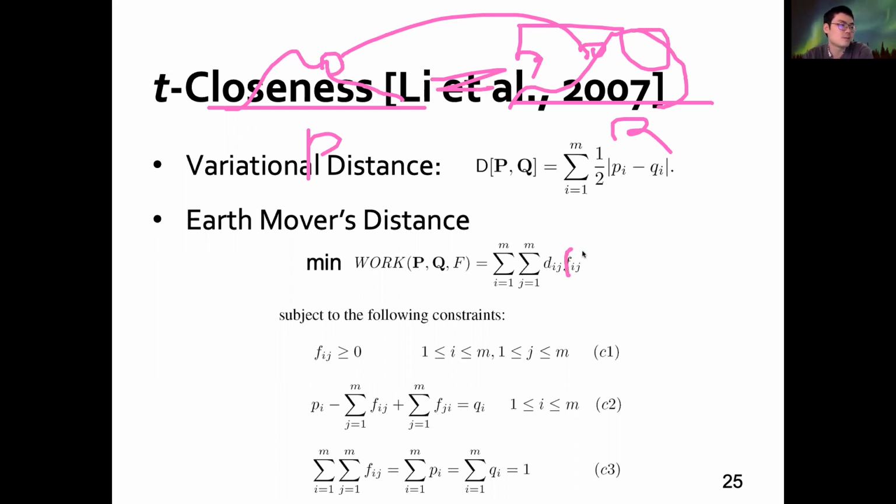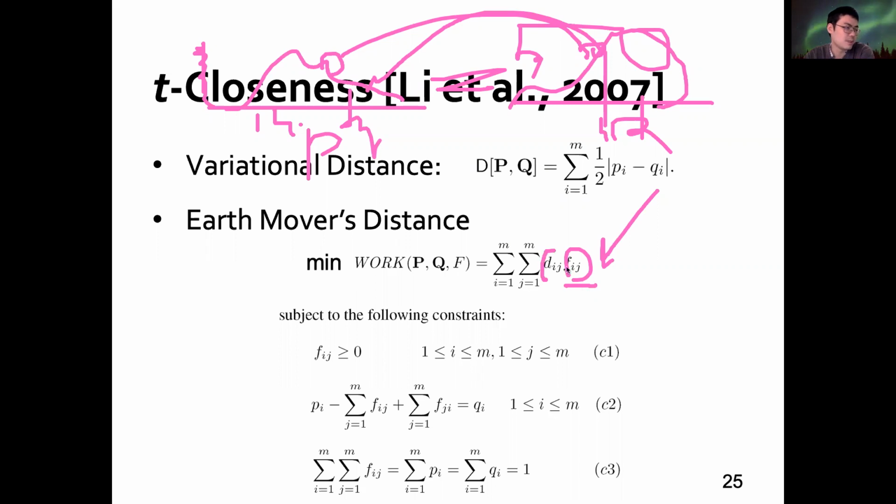This is like how much flow you move from this particular i to this particular j. This should be positive, you moved from here to here. Because the values are probabilities, they are fractional, so you want to move so that their shape becomes the same. This is a flow, how much you move from the i value to the j value.